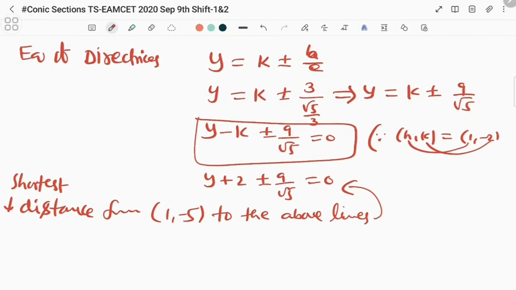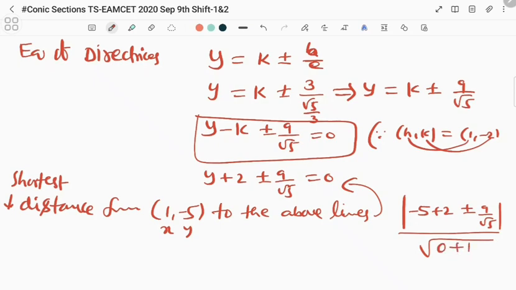So what will come here? This is x, this is y, no? So distance, mod in place of y minus 5. Minus 5 plus 2 plus or minus 9 by root 5 by root of x coefficient whole square plus y coefficient whole square.